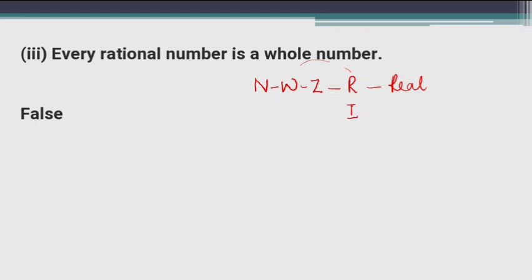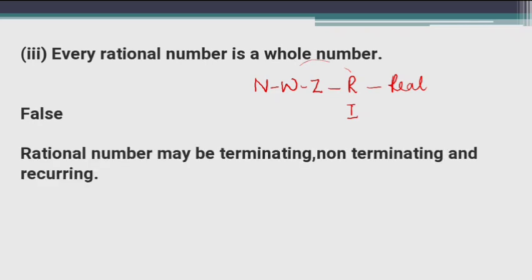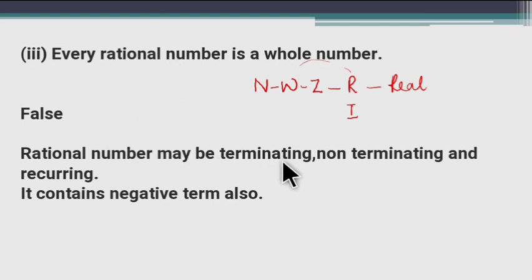But what is the proper reason for that? There are many reasons here. One thing is, a rational number may be terminating, non-terminating, recurring also, and it contains negative terms also. A rational number we can write like this also, 0.33, right, that is repeating.